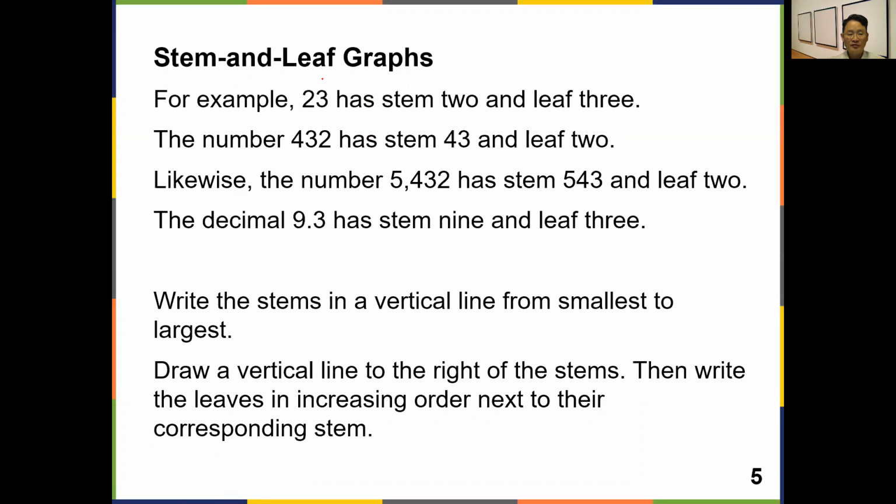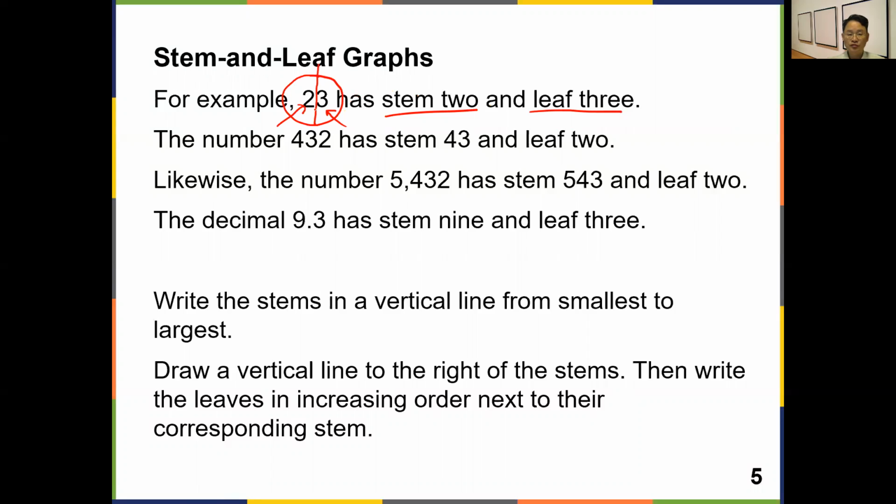Now let's say you have this number, 23. This is one of the data. Then you have to divide this number into two parts, namely right here. So this number 2 is going to be the stem part, and this number 3 is going to be the leaf part, right?